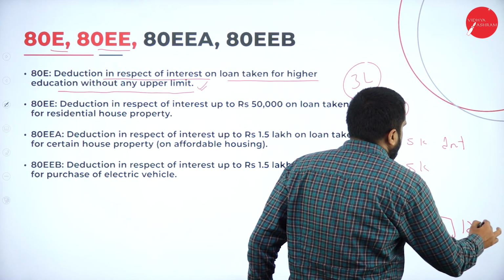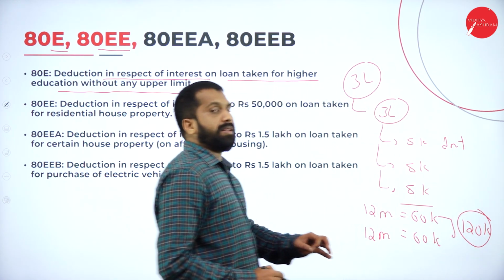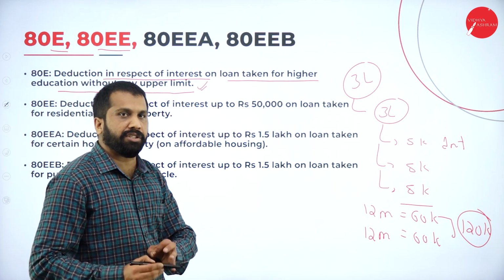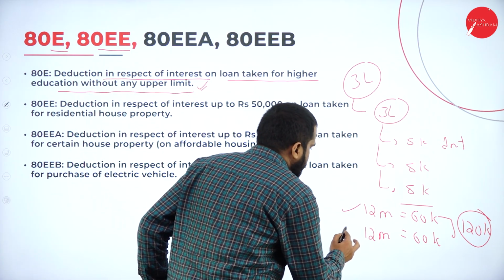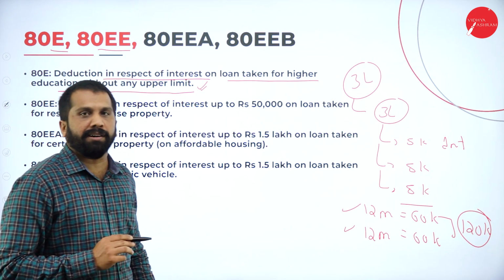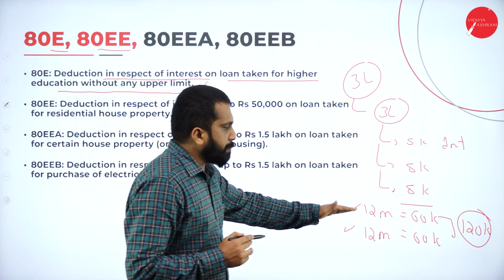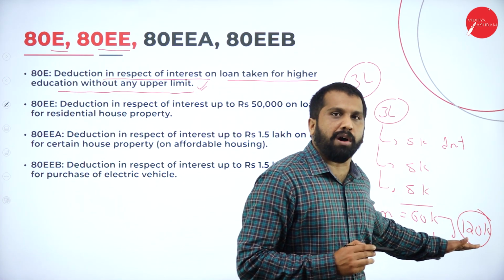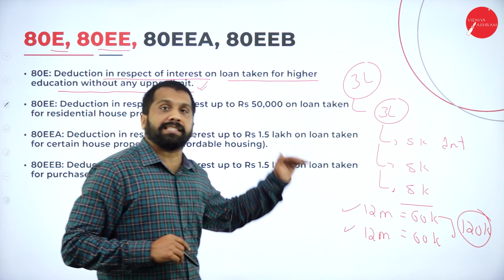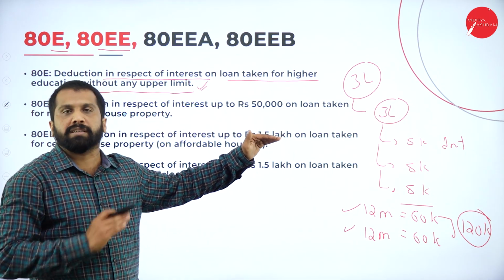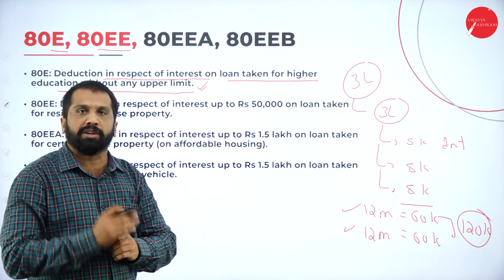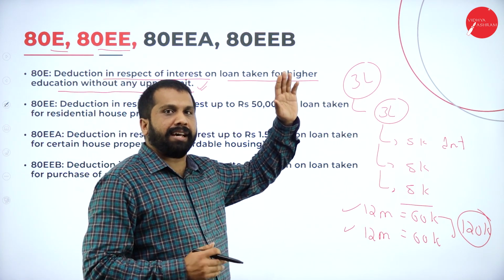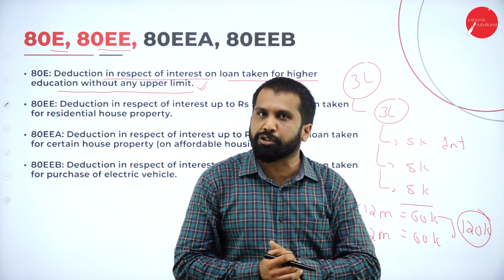In total, 1,20,000 your parent will pay as interest. Whatever 60,000 is paid by your dad or mom can be taken as income tax deduction. As I told you in the previous session, say your income is 6 lakh. From that, I have paid education loan interest.